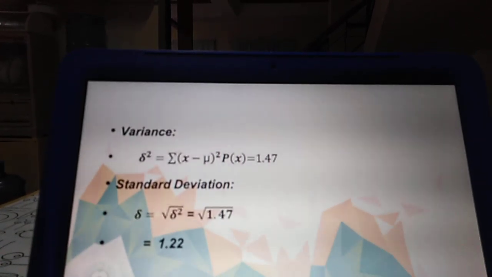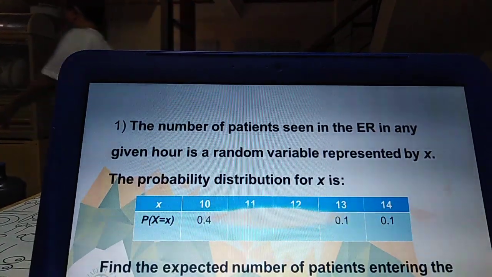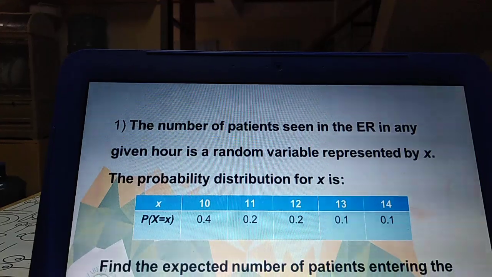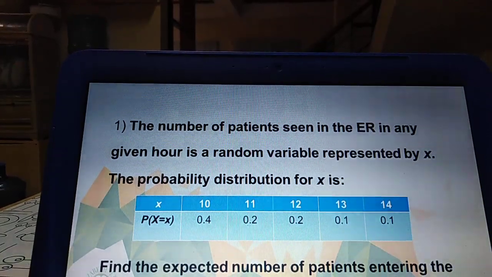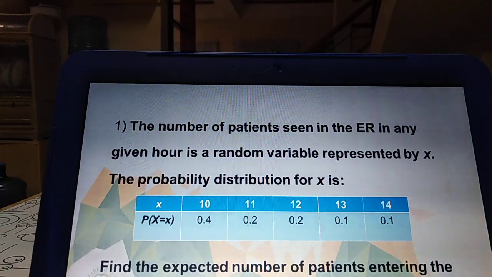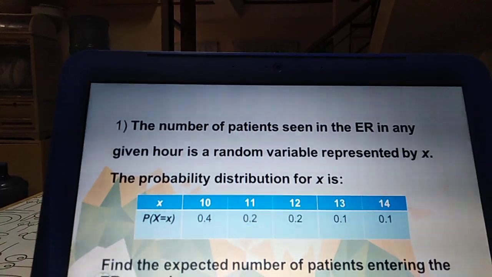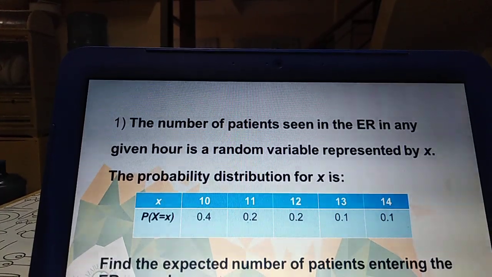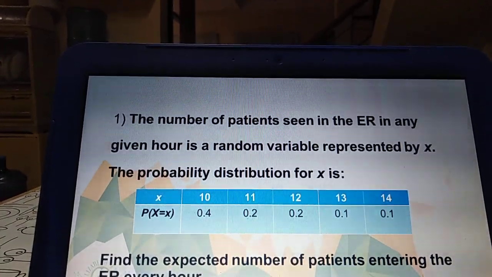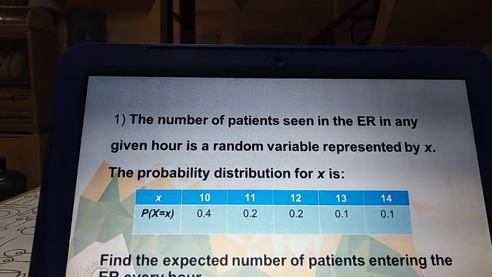So for your second written output, you are asked to solve these problems. The number of patients seen in an ER in any given hour is a random variable represented by X. So X would be the number of patients seen in the ER. You're given the probability distribution, and you are to find the expected number of patients entering the ER in every hour.